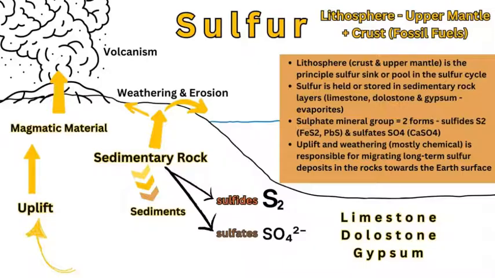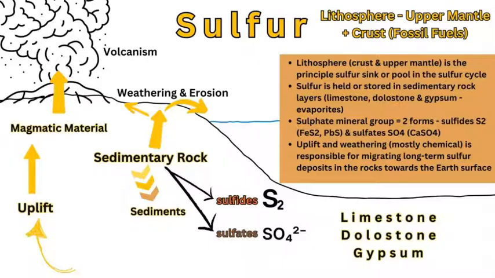The majority of the sulfur is held or stored in evaporite rocks and sedimentary rocks, mostly ocean sediments and deposits, and these turn into limestone, dolostone, and gypsum in various stages of lithification and sedimentation on the ocean floor. Now, how this gets there is through both the oceans and also through weather and erosion on terrestrial surfaces to then re-enter through the oceans.